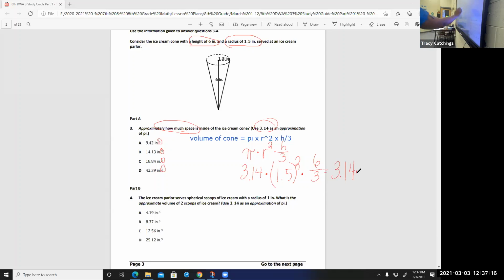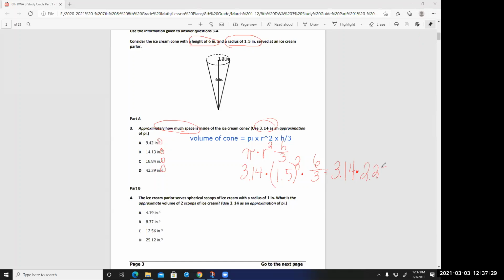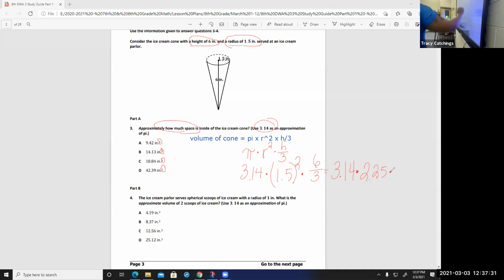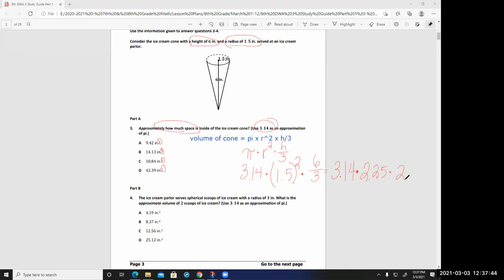All right, somebody do 1.5 squared. 2.25. Multiply that. What is 6 divided by 3? So multiply that 2.25 times 2. 14.13.